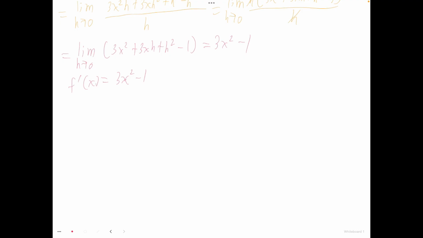Now just to reiterate, this is a function that tells us the value of the derivative of f at any given point.